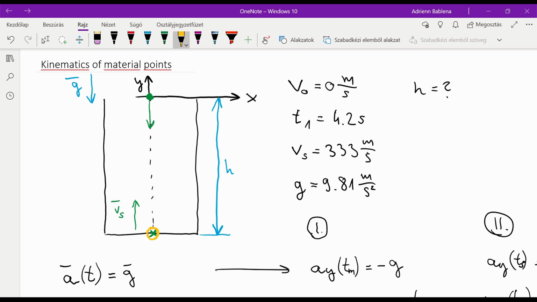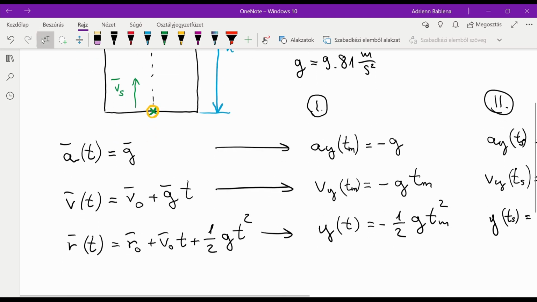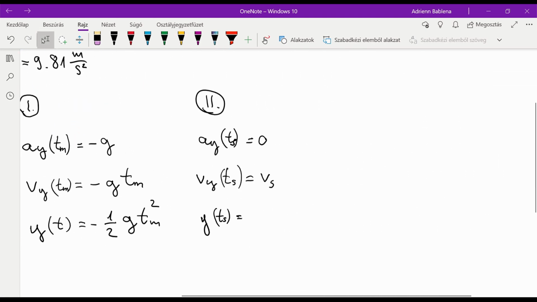So we are under the x-axis with h, so it's minus h. This is our y0, minus h. Plus the integral of Vy, which is Vs Ts, and there is no acceleration.